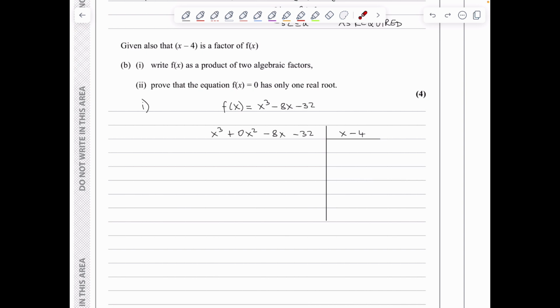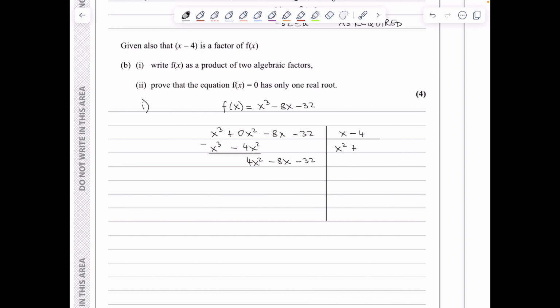So we're trying to eliminate the highest order term found on the left hand side. So I'll be multiplying x by x squared to get x cubed minus 4x squared. I'm deducting, leading to 4x squared minus 8x minus 32.